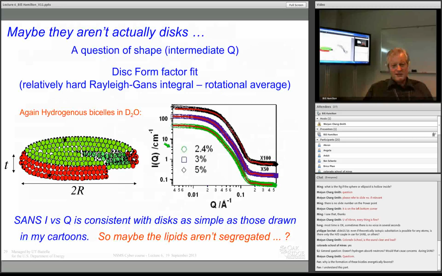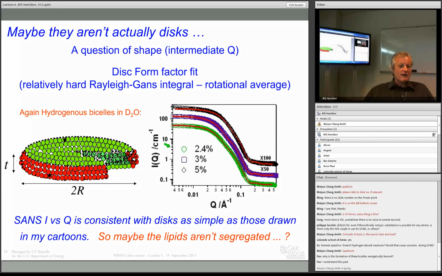So the answer to this question is, never mind the fact that there's a technology that works, maybe they aren't actually disks. So here we can do the scattering, and we have to go a little bit further out in the scattering pattern. Basically, instead of staying in the Guinier region up here near Q equals 0, we go out a little further. And we do a relatively complicated Rayleigh-Gans fit, which is the name of that integral of the scattering length density.